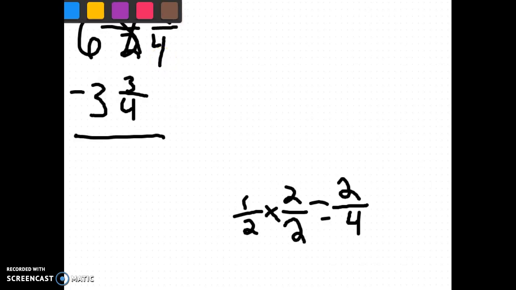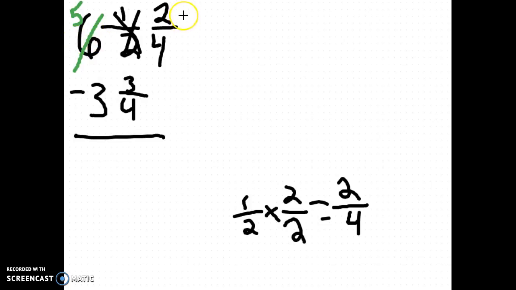So now my subtraction problem reads 6 and 2/4 minus 3 and 3/4. And if I have 2/4, I still can't take away 3. So what I have to do is I have to go over to my ones place and mark 6 out and make it a 5. Now, this 4 at the bottom tells me that there are 4 parts in a whole. And I've taken one of my whole and cut it up into parts.